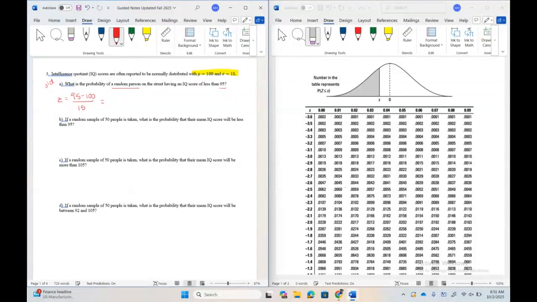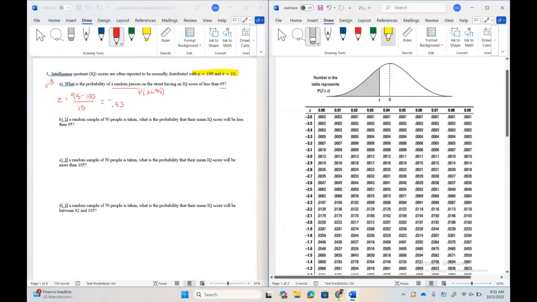Okay, so this Z-score will be a negative 0.33. We need to find the area to the left of negative 0.33 since it says less than.